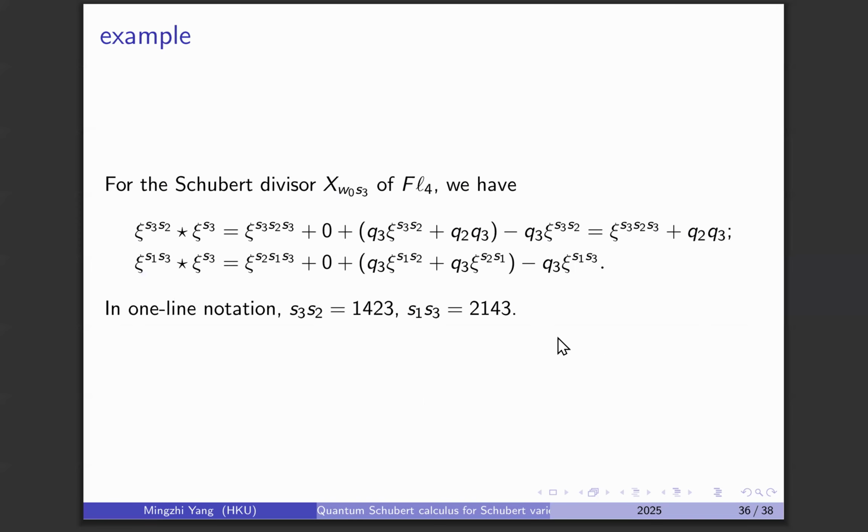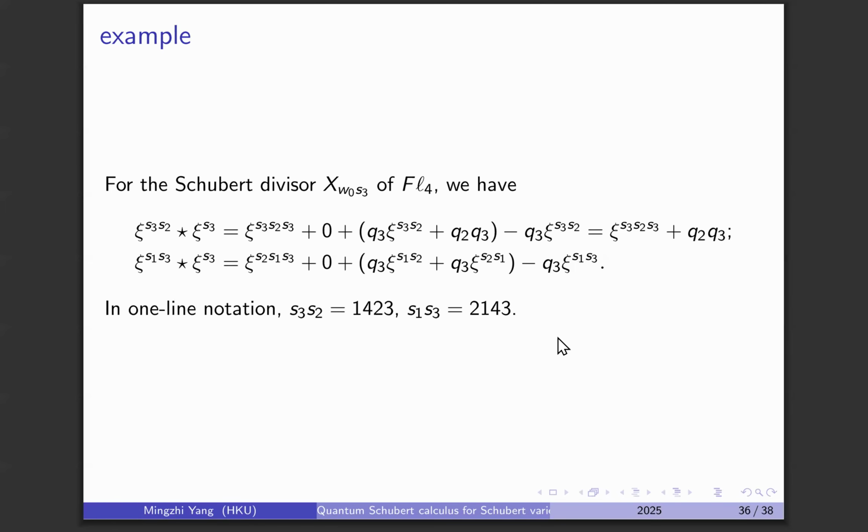And here is an example. If you work out the combinatorics of the Bruhat order, you can write down any example you want. Recall that we have a negative sign in the formula, but sometimes the negative signs cancel, just as in the first example. But sometimes you cannot cancel the negative signs, just as in the second example.